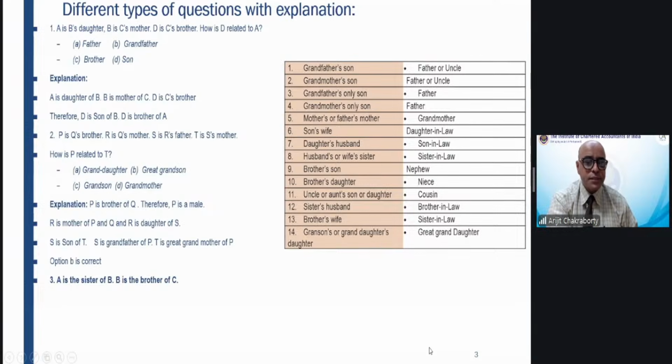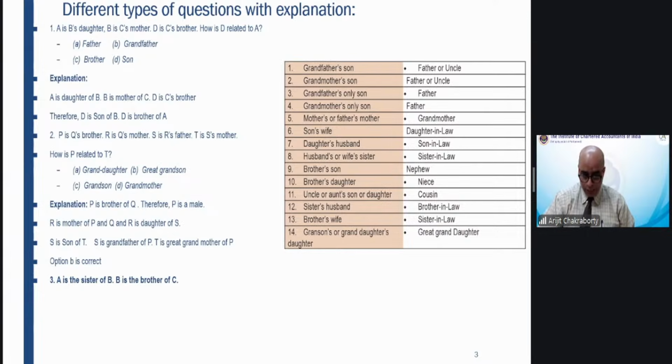The facts of the case, statement number 1: A is the sister of B. Fine. So A is the sister of B. That means A is female. B is the brother of C. So from these two statements, we are able to identify that A is the sister, so A is female, and B is the brother of C. That means B is male.